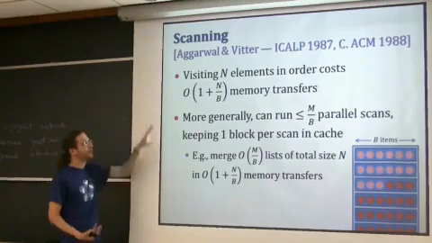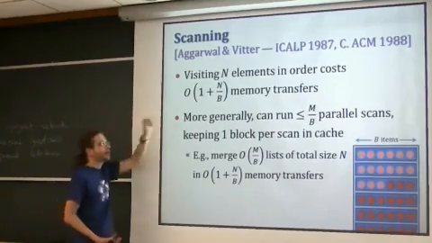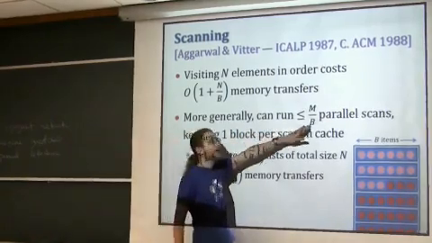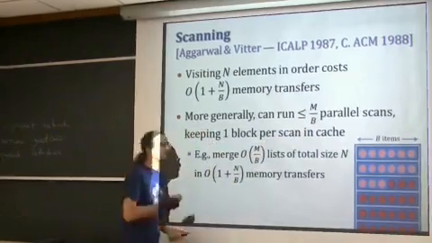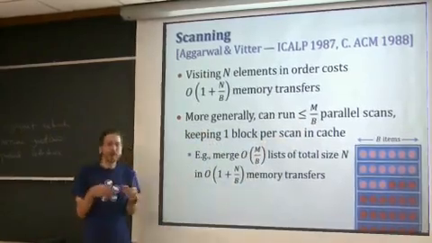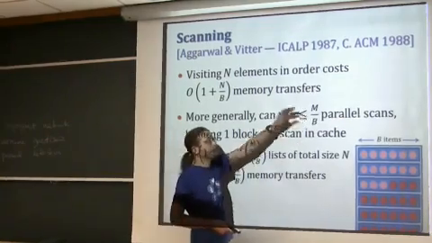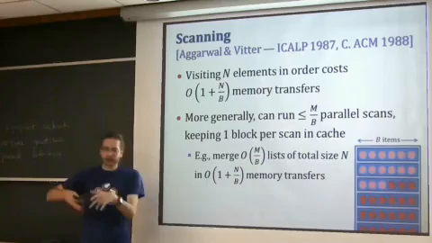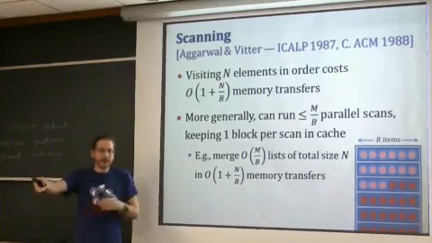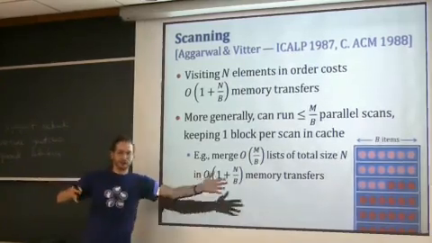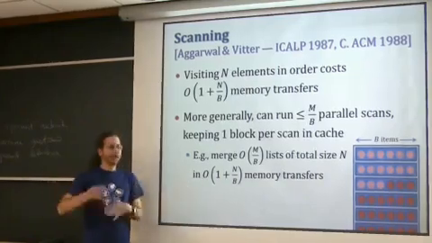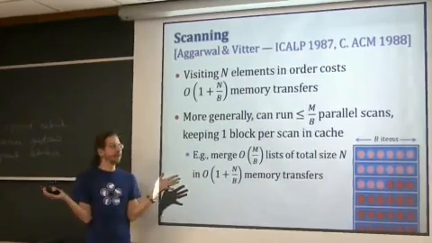More generally, instead of just one scan, you can run up to M over B parallel scans, because for a scan, you really just need to know what your block currently is. And we can fit M over B blocks in our cache. So we can scan a little, advance this scan a little bit, advance this one, go back and forth in any kind of interleaving we want of those M over B scans.